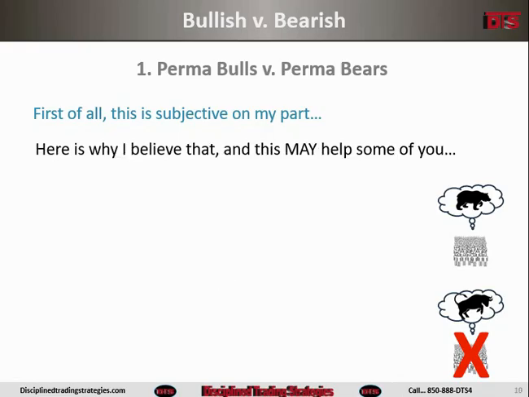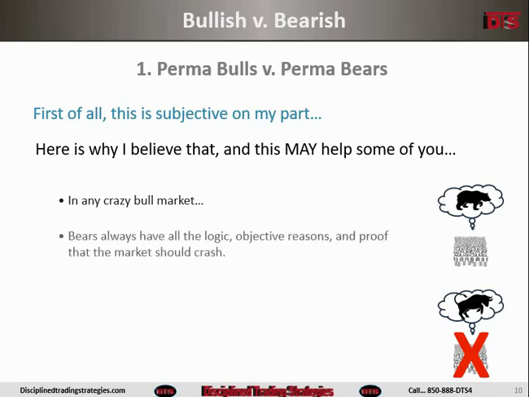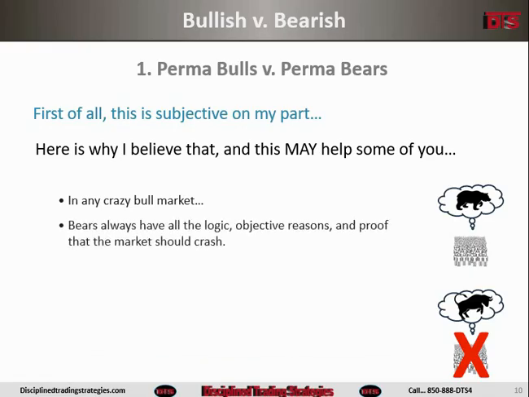Here's why I believe, and this may help some of you recognize this. The important part of this slide is to understand that maybe this describes you, and you may not realize it. In a crazy bull market, and this is a famous saying, the bears have all the logic, all the objective reasons, all the proof that prices should not be where they are.